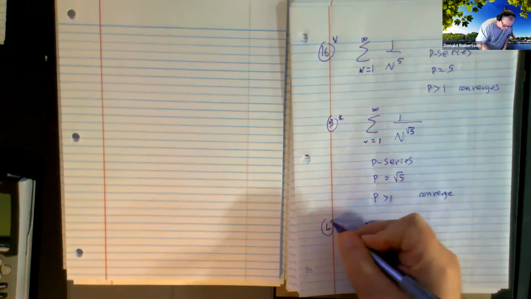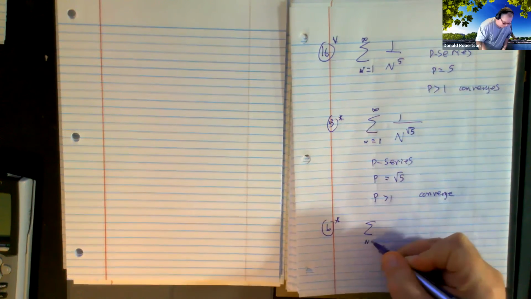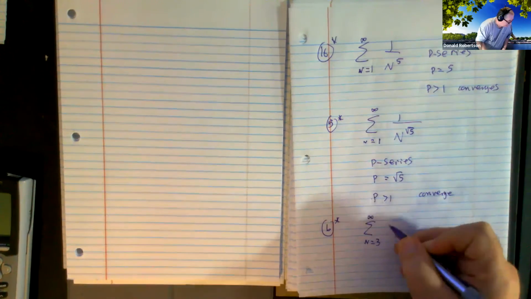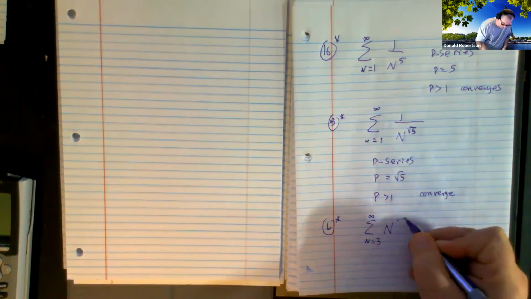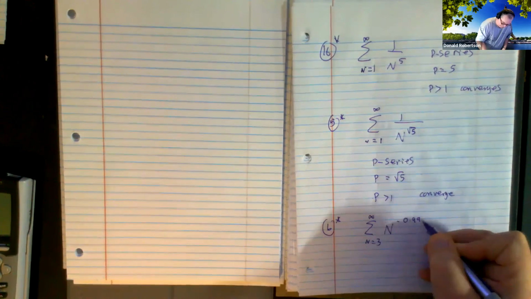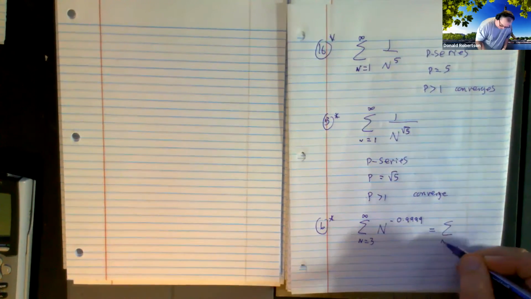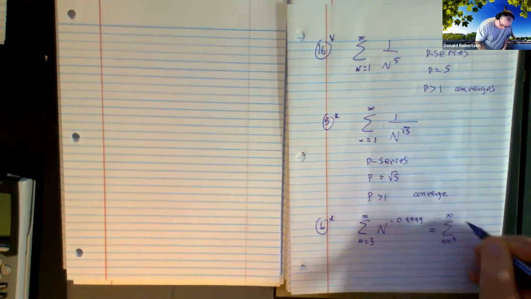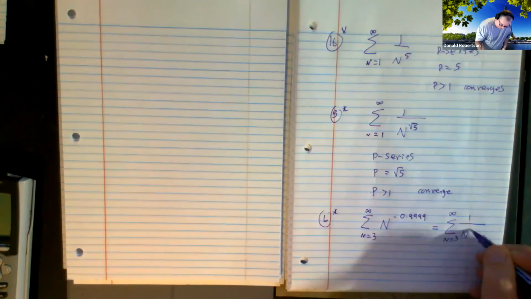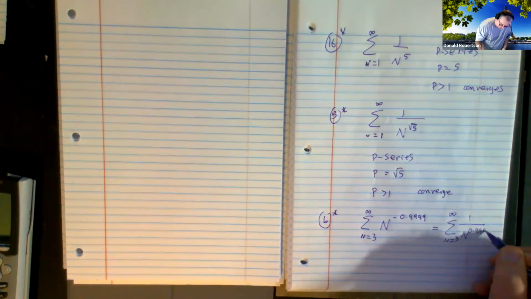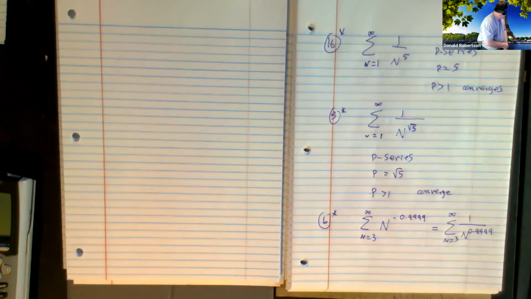How about this fella? Which is basically the one straight after it. It might not look like a P-series because of the way it's written. But that doesn't mean that it's not a P-series test.